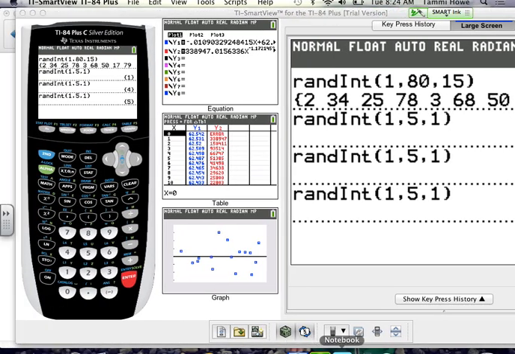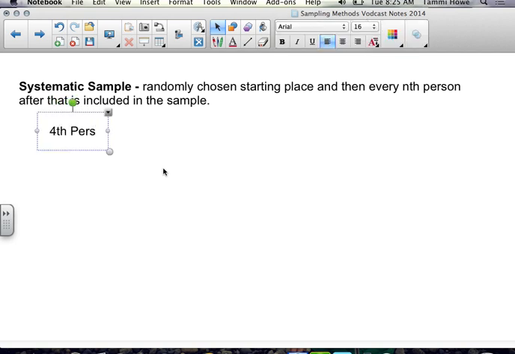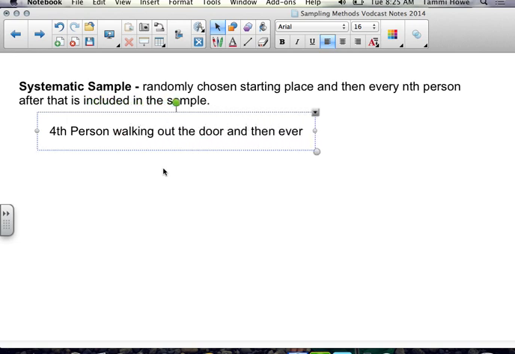Okay, so the first random number that I got was a 4, so that means I start with the 4th person. So maybe I catch the people walking out of first period, and I talk to the 4th person walking out the door, and then every 5th person after that.